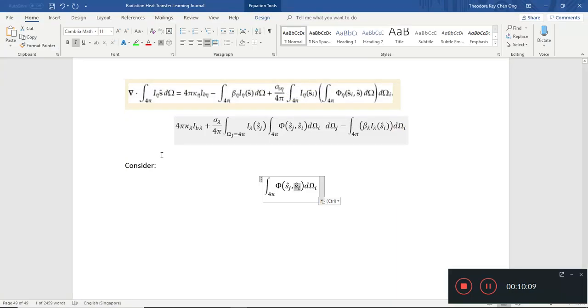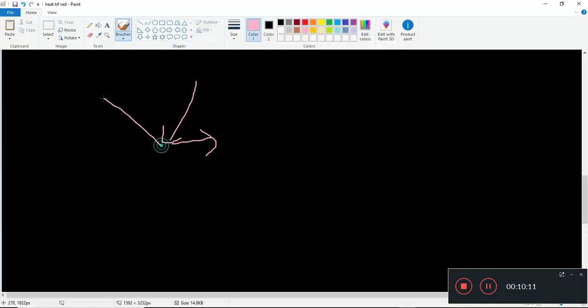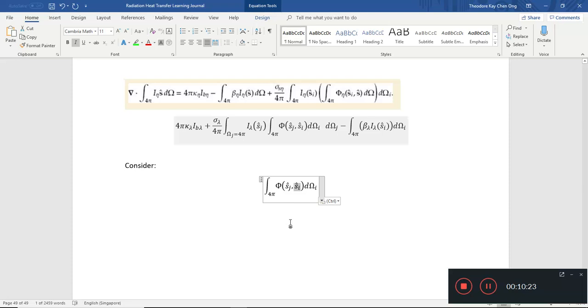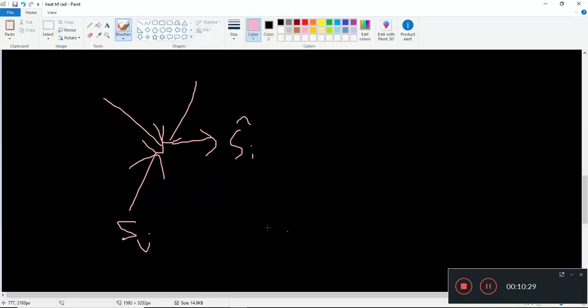It is a fraction of rays from direction j into direction I. So what fraction of rays goes from direction j into direction I?